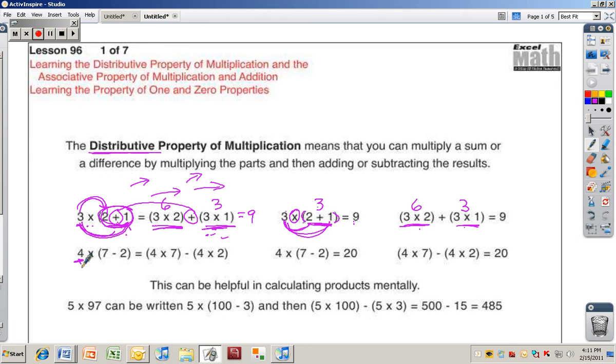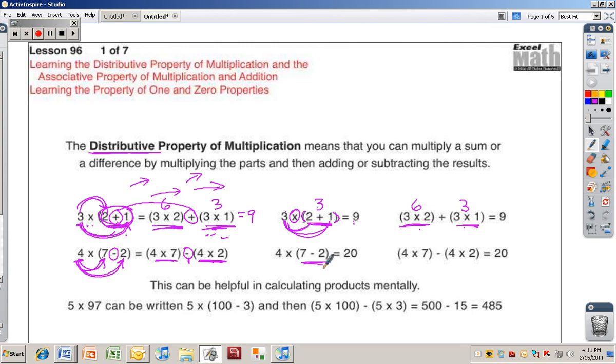Distributive property, we're taking the 4 and distributing it to the 7 and the 2. In this case, there's a subtraction, a minus sign between the 7 and the 2. Notice we have a minus sign here. So 4 times 7 is written here, 4 times 2 written here, and we're subtracting. Let's see what happens when we do the problem both ways.